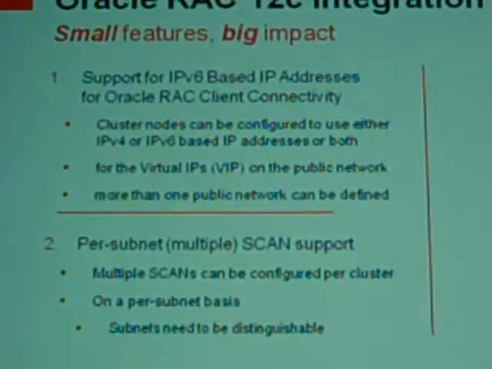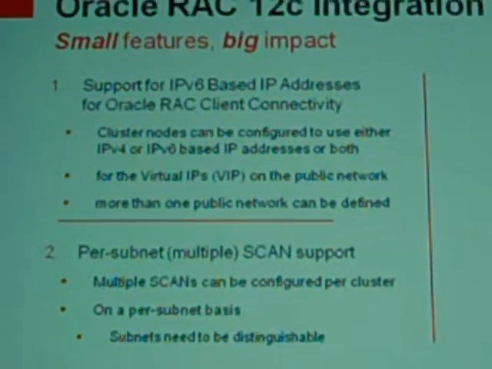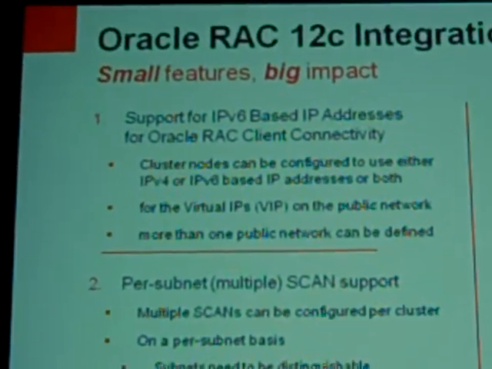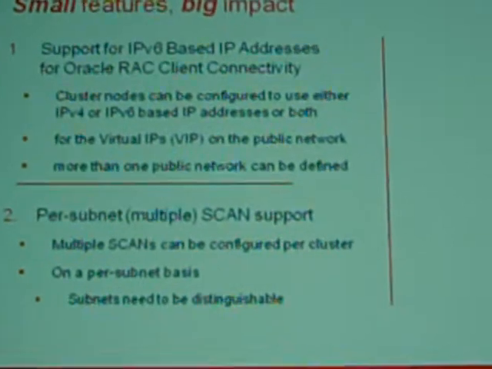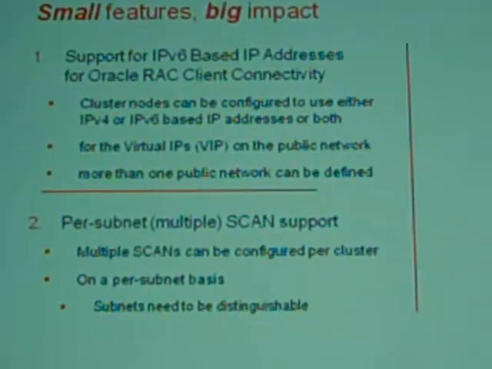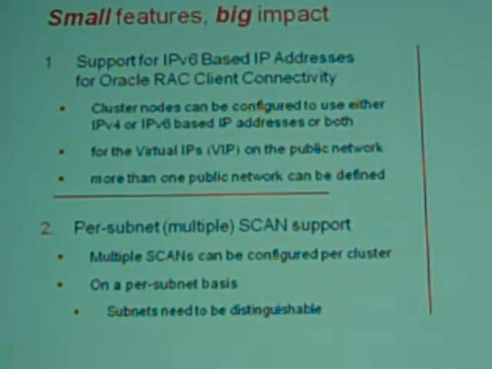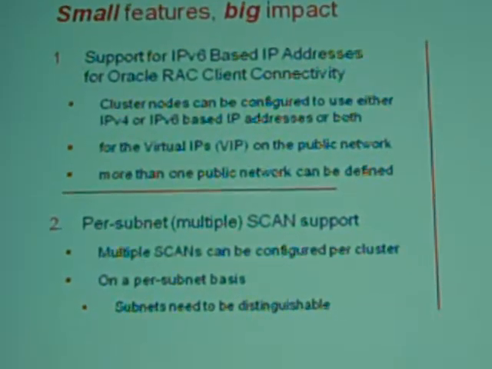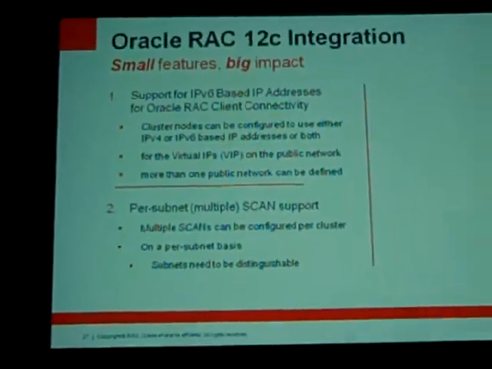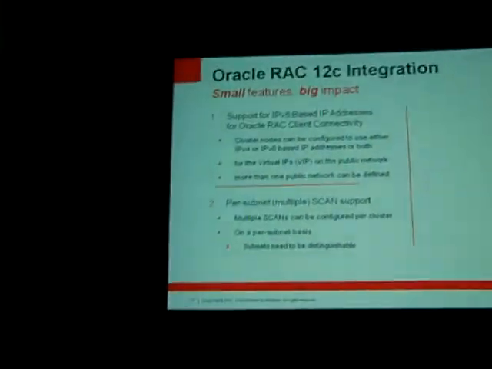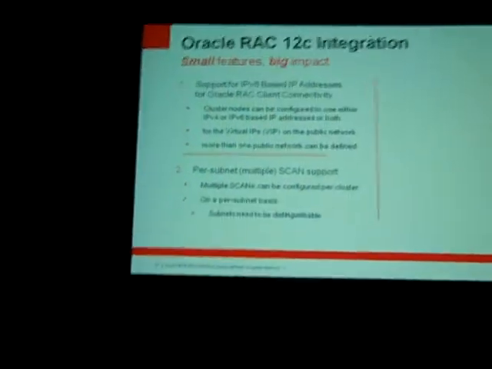And one of the main feedbacks we have received is, why don't you have a scan per network that you support in the cluster? You can support multiple networks for public communication in the cluster. Why don't you do that for scan? Here we go. In 12c, we will have a per subnet multiple scan support for public connectivity.